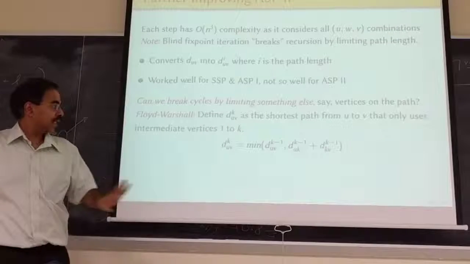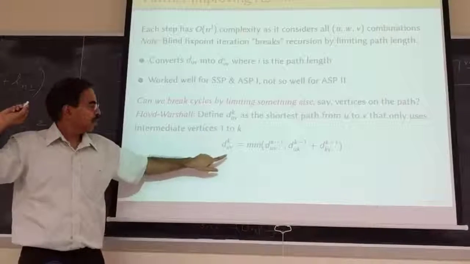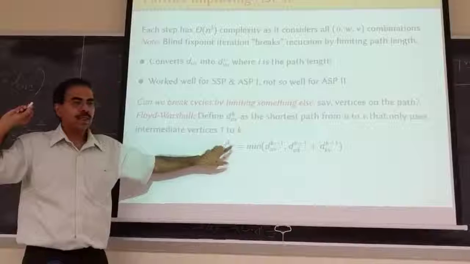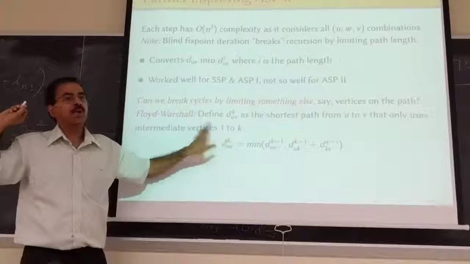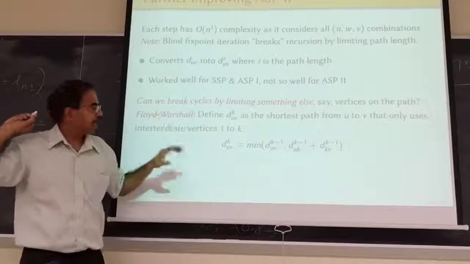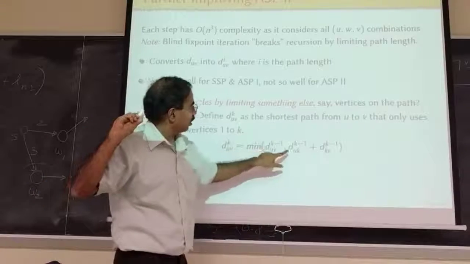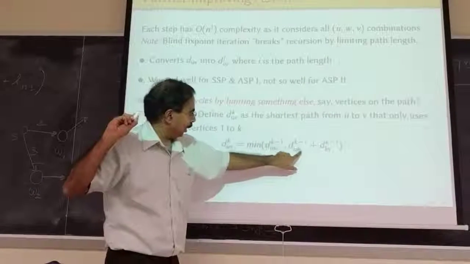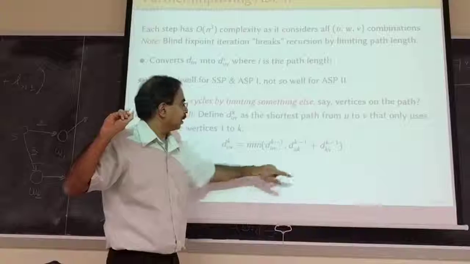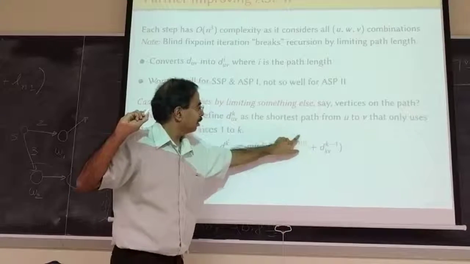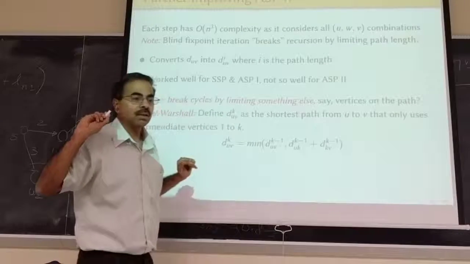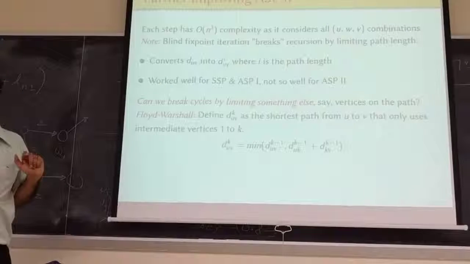Okay, I only am interested at this point in computing shortest path from u to v that only goes through vertices up to k. Okay? Now, in the previous iteration, you have done this same thing. You have solved the same problem, right? But you have limited yourself to vertices numbered 1 through k minus 1.